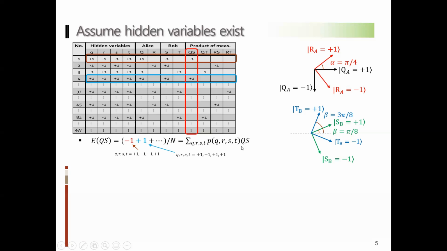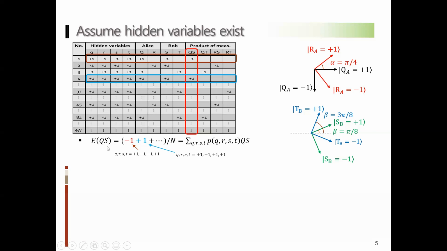The expectation value can be found either by collecting all the values and dividing by the number of all the samples, or, because we know the probability of each combination, and for each combination we know the value of Q and Q times S, we can just calculate this value to find the expectation value.